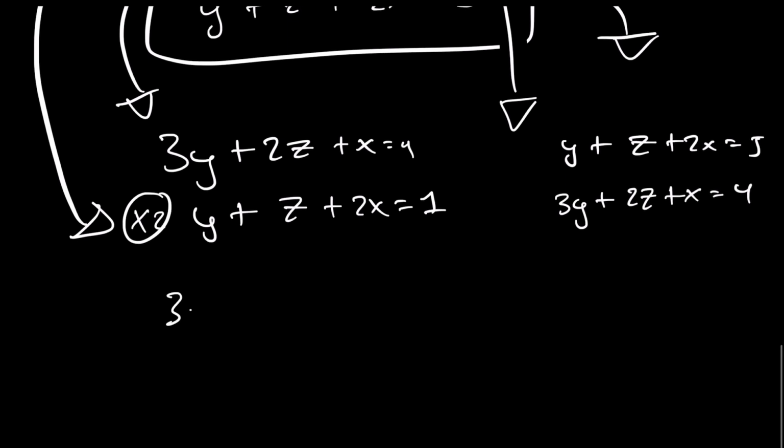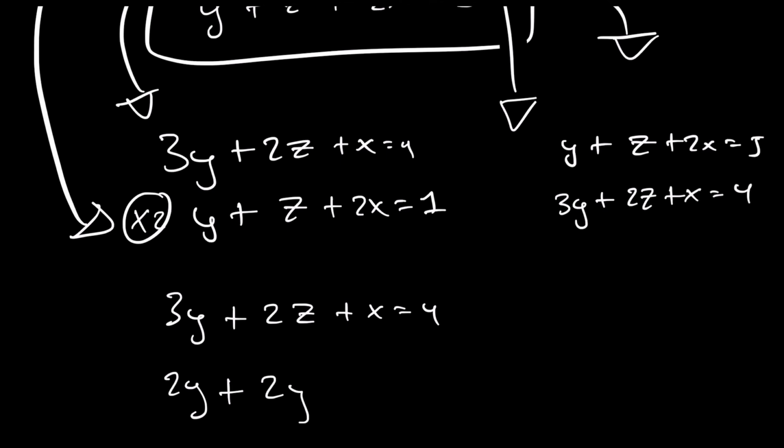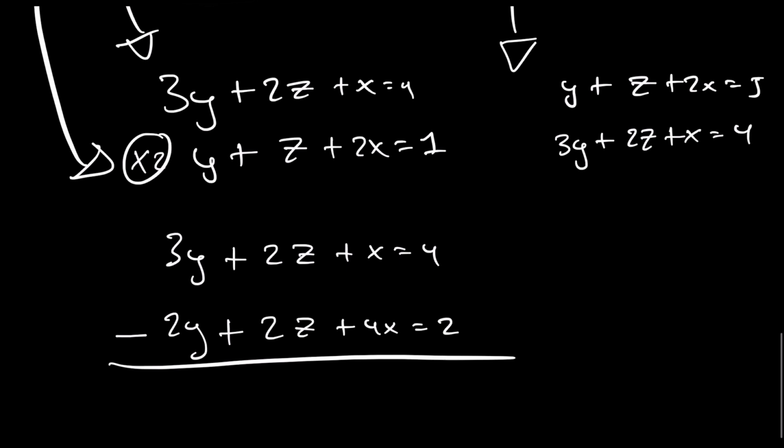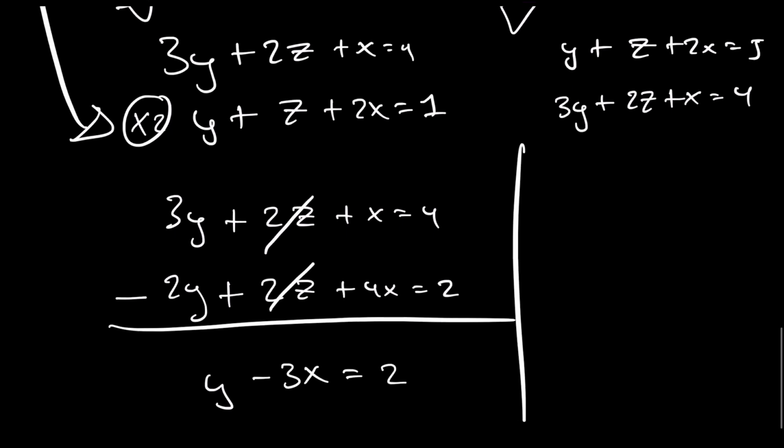So we have 2y plus 2z plus 4x equals 2, because we multiply the equation in order to cancel out. Now we just subtract them, cancel this out. We get minus 3x equals 2.